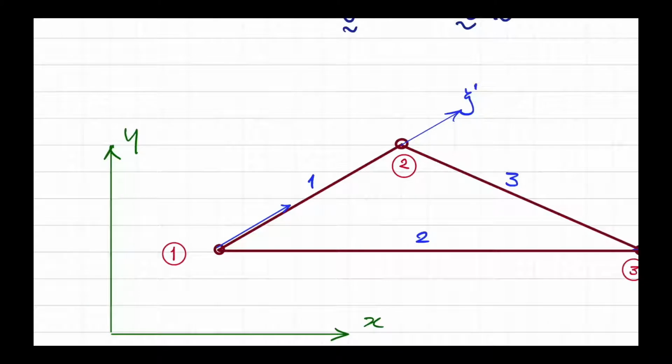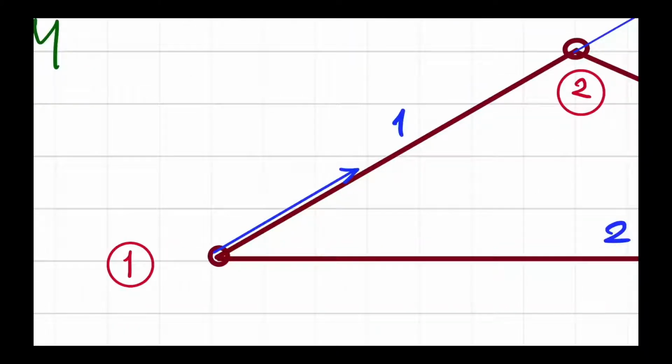We call this one u1, the displacement associated with member number 1 at node number 1 along the local coordinate is u1. Also, we will have the force that points in the axial direction at node number 1 of element number 1, which is the lowercase f1.